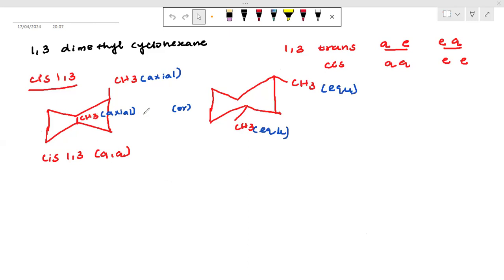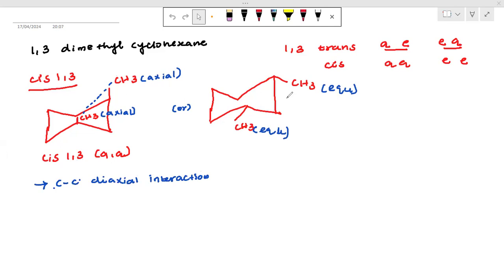What is the reason this one is unstable? Because in this case, carbon diaxial interaction takes place, as the methyls are present in axial. In this case carbon diaxial interaction is present. But in this one there is no such thing, no carbon diaxial interaction, as both are present in the equatorial position.